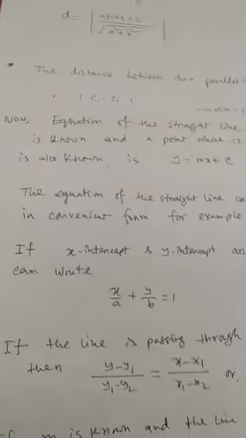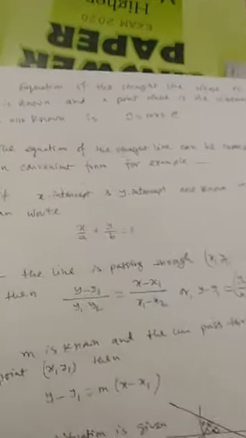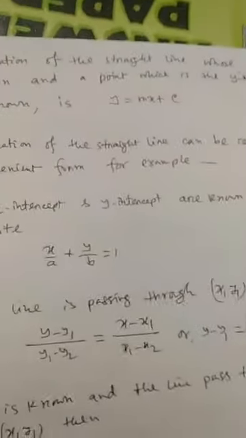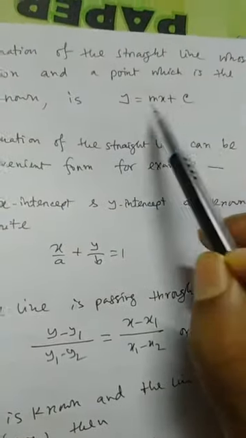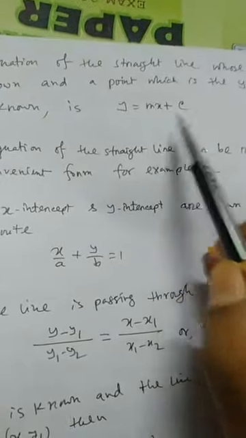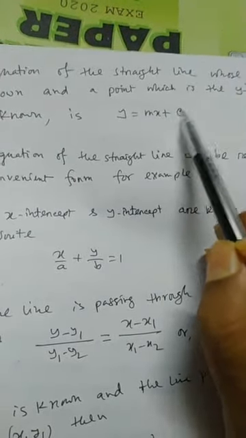Now we will focus on the equations of these 4 types of straight lines. The very familiar form of equation is y equal to mx plus c. Here m is the slope and c is the y-intercept. Why is c the y-intercept?